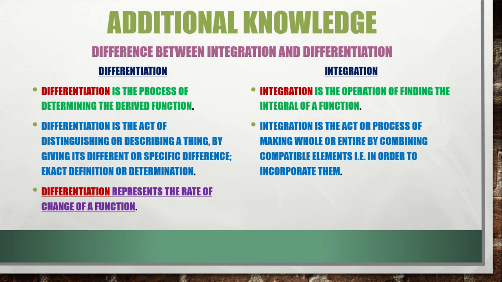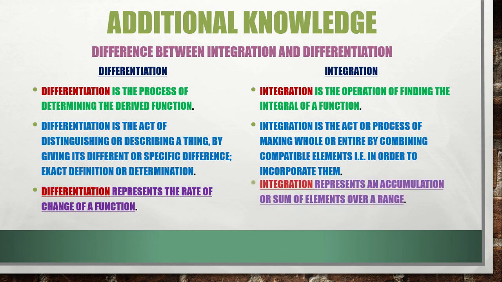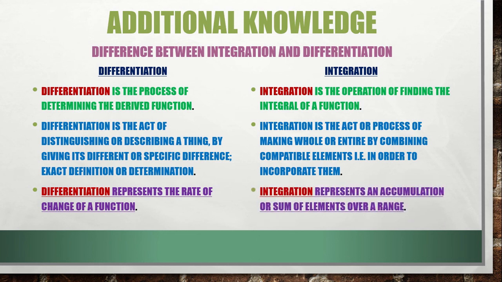In other terms, I simply mean integration represents an accumulation or sum of elements over a range. There must be the aspect of range. That must be there. So you cannot just work from integrating from nowhere, unless you are having an integration of an infinite function.